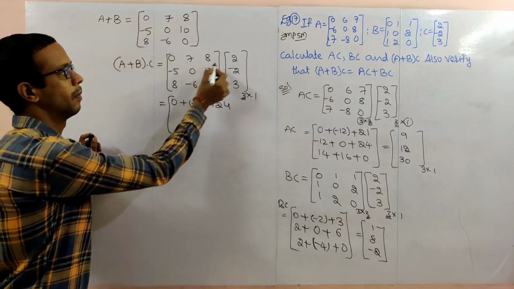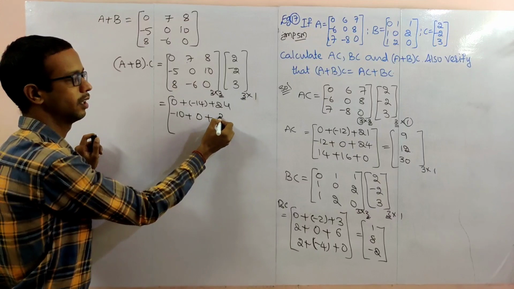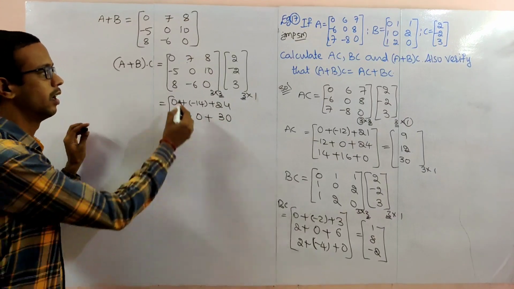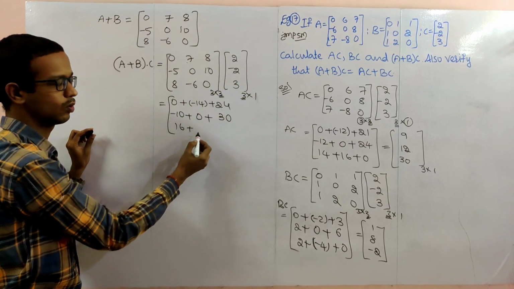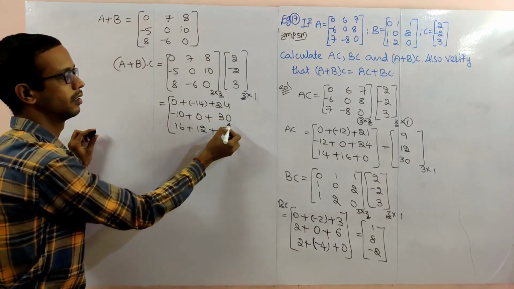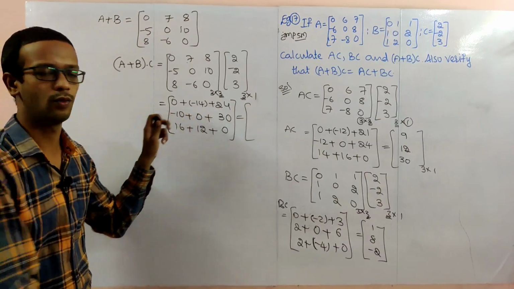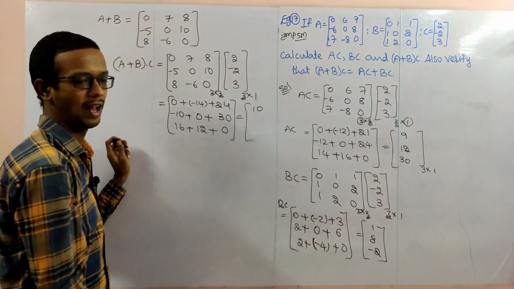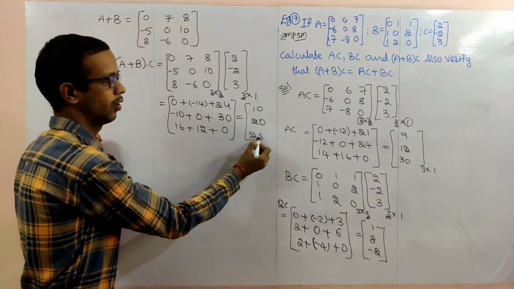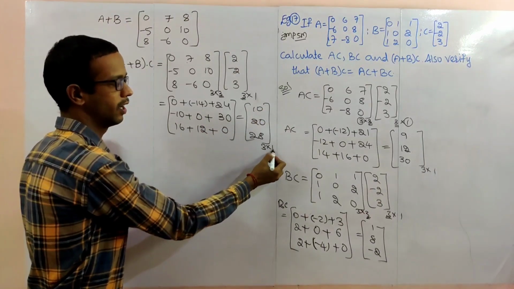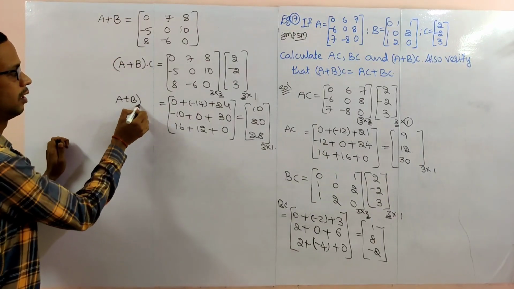Next, minus 5 into 2 is minus 10 plus 0 plus 30. Next, 8 2s are 16 plus 6 2s are 12 plus 0. So what you will get: 24 minus 14 is 10, 30 minus 10 is 20, here 28. A 3 by 1 matrix. This is (A plus B) into C.